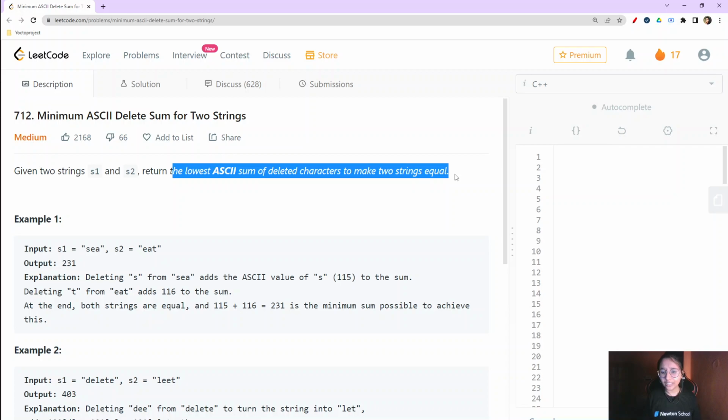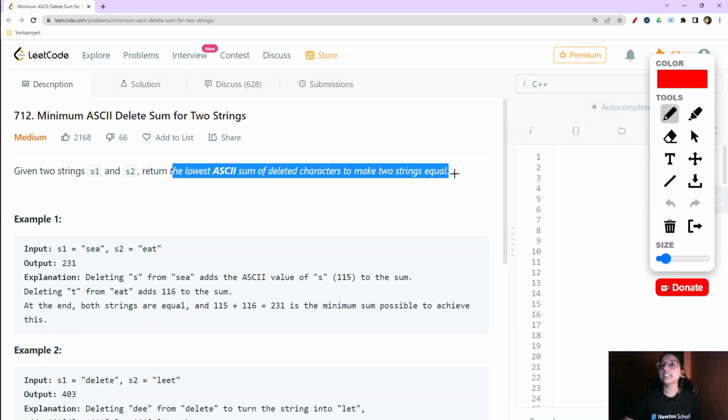So these are two things which we are required to consider. What two things? First, it should have the lowest ASCII sum of deleted characters, so that it could make two strings equal. These are the two conditions which we are required to fulfill.